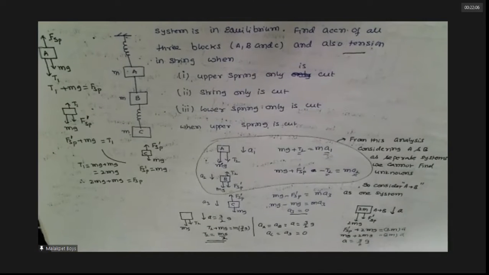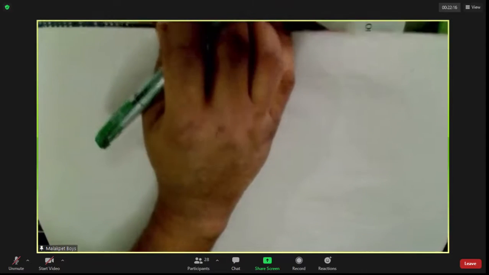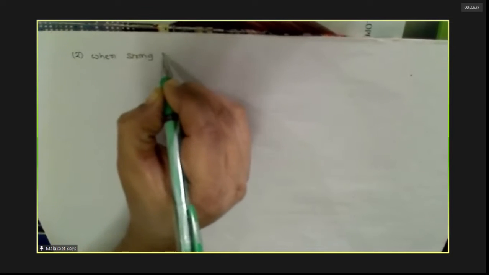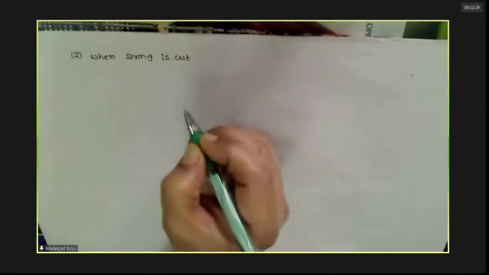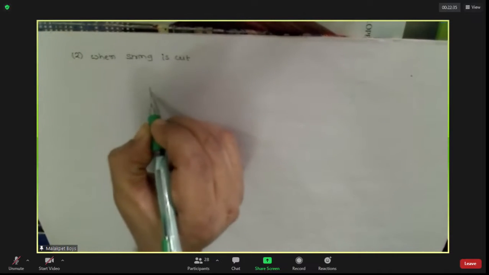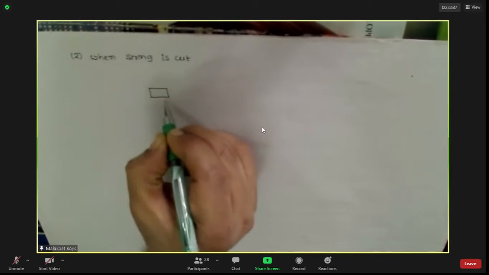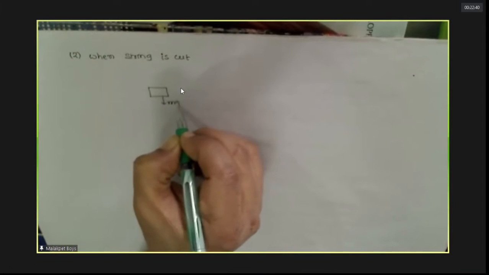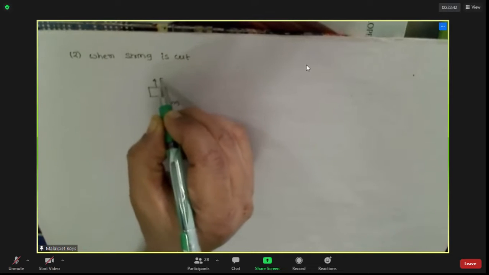Yes, sir. Now come back to the second part of the question. What is cut? The string is cut. Am I right? So when the string is cut, what will happen? The forces on this are mg and the spring force. Do you agree with this?